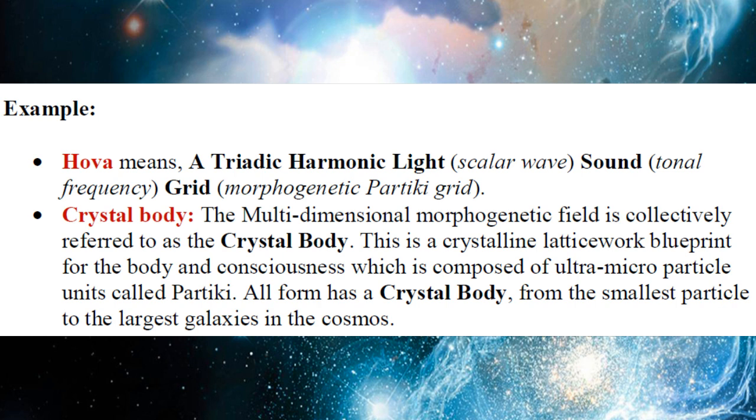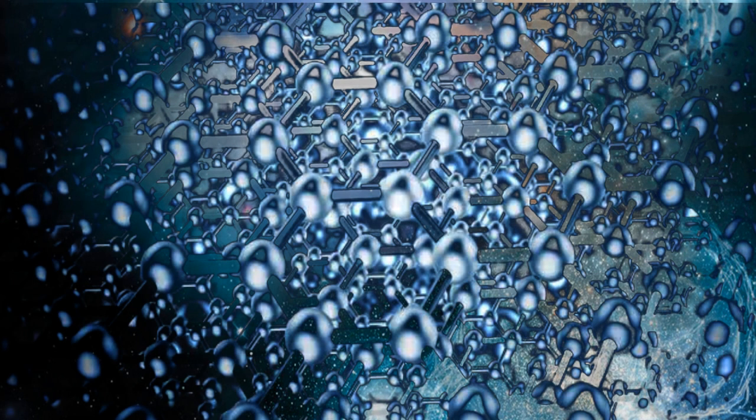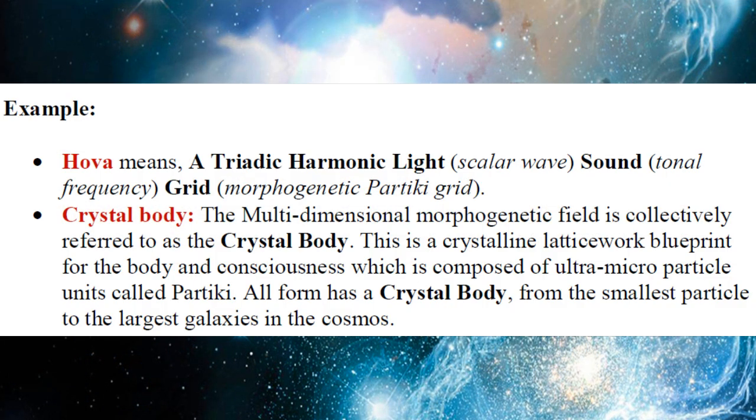Let's take a look at crystal body. The multi-dimensional morphogenic field is collectively referred to as the crystal body. This is a crystalline latticework blueprint, sort of like a polymer, but a cosmic polymer. It's a crystalline latticework blueprint for the body and consciousness, composed of ultra micro particle units called particuli.